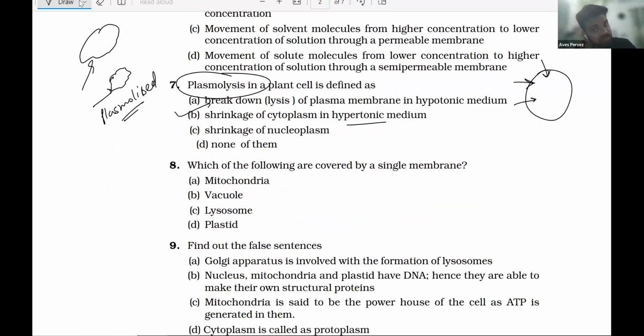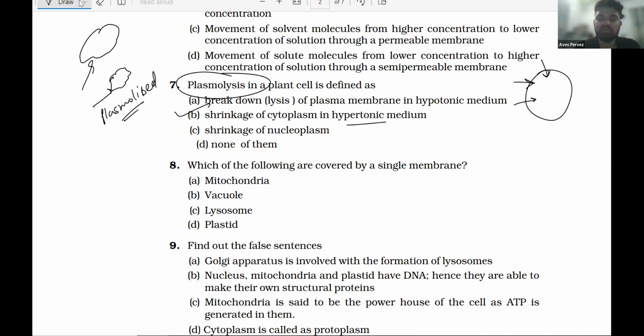Which of the following are covered by a single membrane? Mitochondria is double membranous. Lysosomes, plastids. Plastids are also double membranous. And what about the lysosomes and vacuoles? Actually, vacuoles and lysosomes both are single membranous.